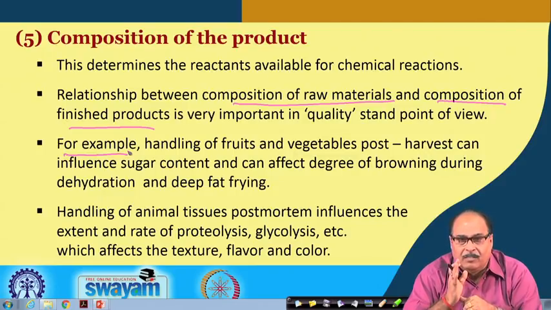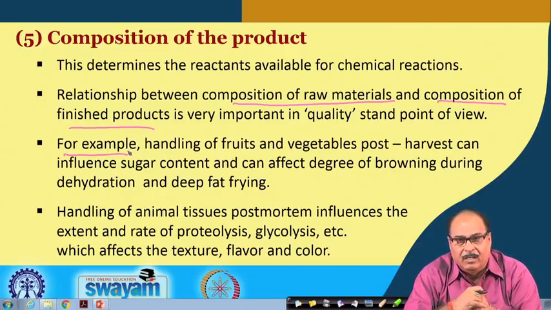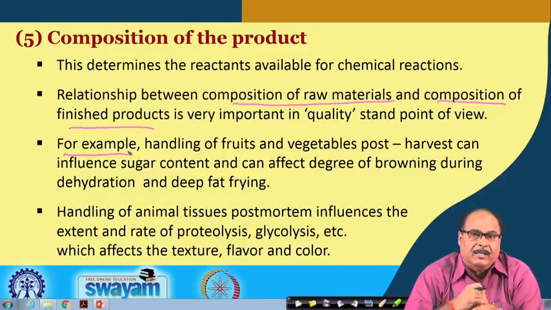So, the manner in which these fruits and vegetables are handled post harvest will influence the change in color or various quality attributes during drying or frying or such other operations.